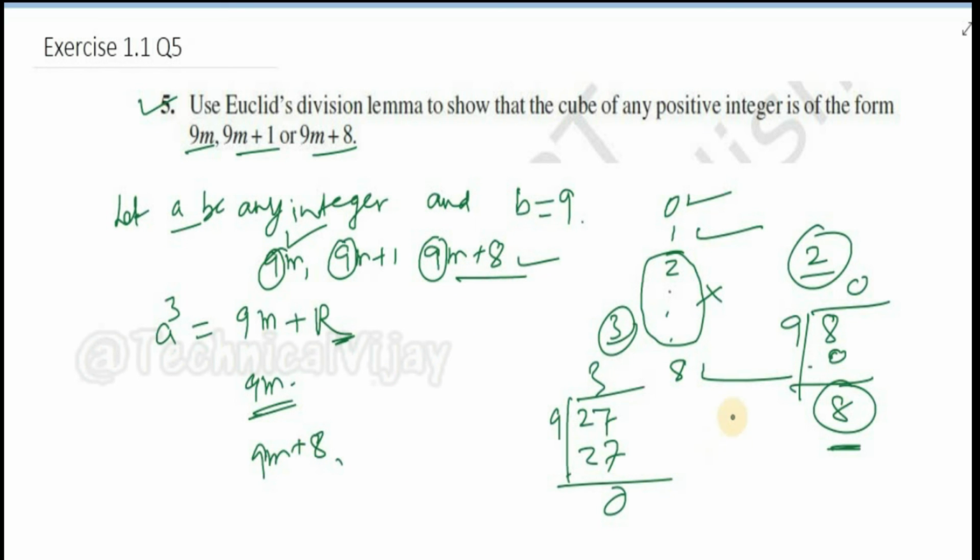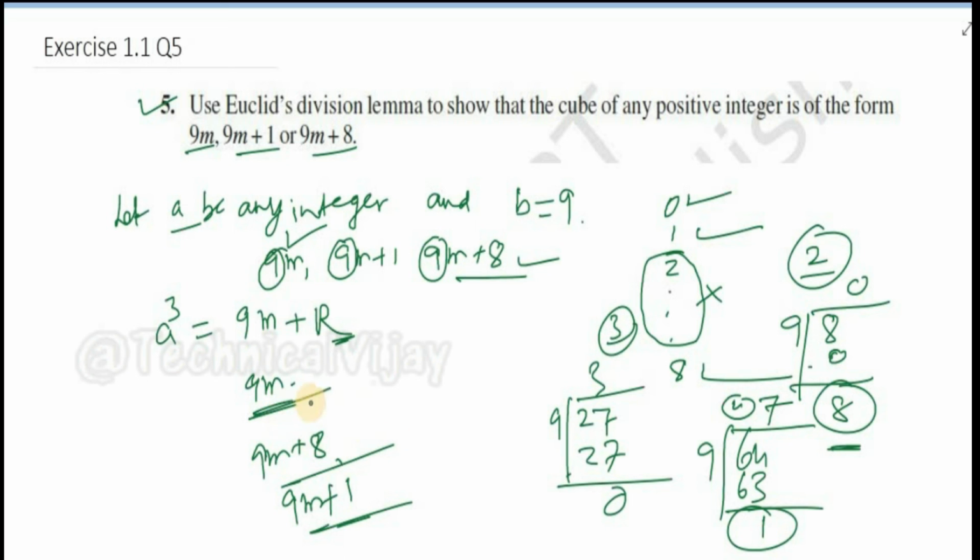Now 4 times 4 is 16, 16 times 4 is 64. 64 divided by 9, 9 sevens are 63, so the remainder will be 1, that is 9m plus 1. So the meaning of this question is that whatever the number, the cube of that number will be in the form of 9m or 9m plus 1 or 9m plus 8. That is, the remainder will be either 0, 1 or 8. Hence it is proved.